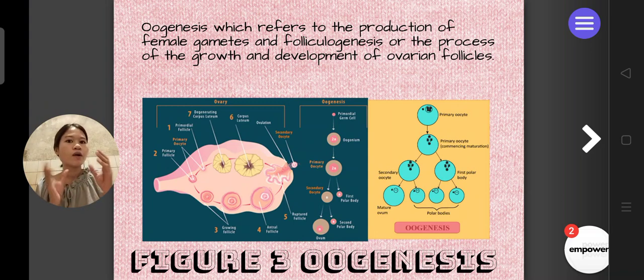Oogenesis refers to the production of female gametes, and folliculogenesis is the process of the growth and development of ovarian follicles. So, yung oogenesis, ito yung production ng female gametes natin, yung egg cell. And folliculogenesis is the process of the growth and development of ovarian follicles, nandito na yung pag-grow.